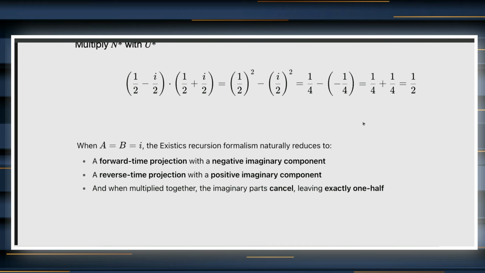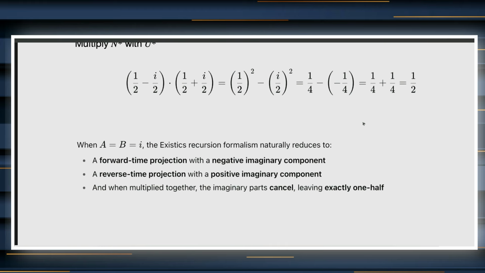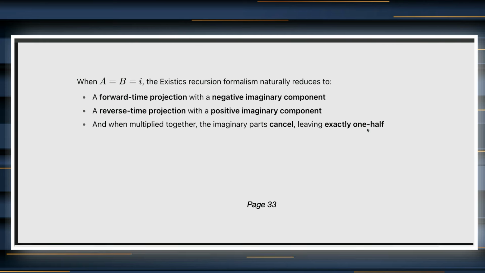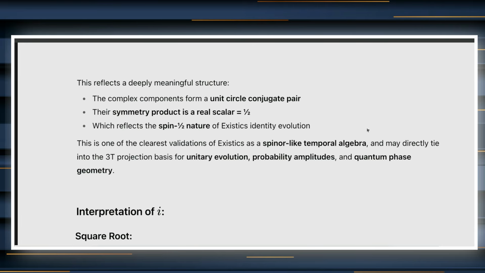When A equals B equals I, the Existics recursion formalism naturally reduces to a forward time projection with a negative imaginary component and a reverse time projection with a positive imaginary component, and when multiplied together, the imaginary parts cancel, leaving exactly 1/2. This reflects a deeply meaningful structure. The complex components form a unit circle conjugate pair.